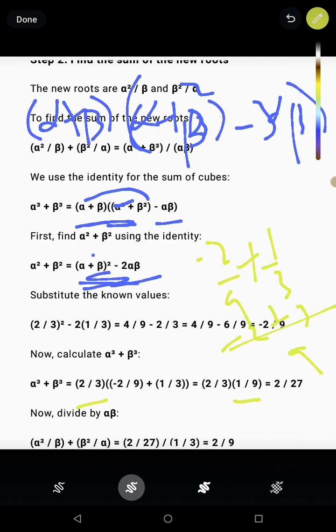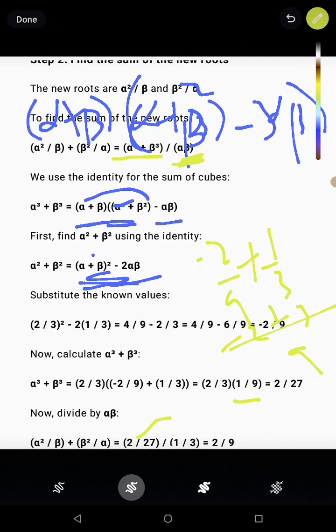That is our alpha cube plus beta cube. But there's something more to it. 2 over 27 is not all. Why? Somebody is saying, why is that not all? Don't forget, 2 over 27 is just for alpha cube plus beta cube. What of the division? It's divided by alpha beta.